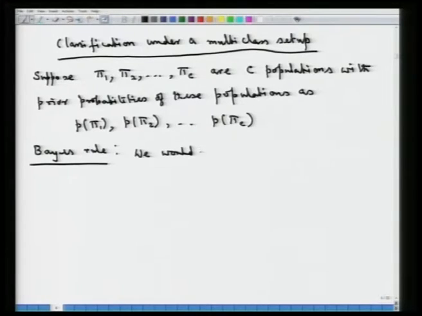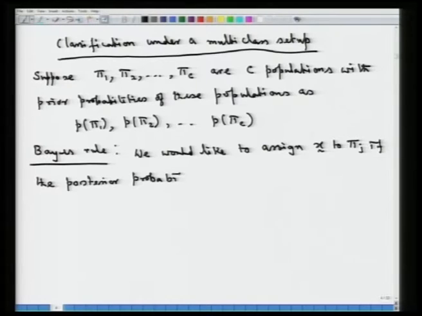Let us write that we would like to assign a multivariate observation x to a particular pi, say pi j, if the posterior probability of pi j given this x is the maximum among all the possible populations.